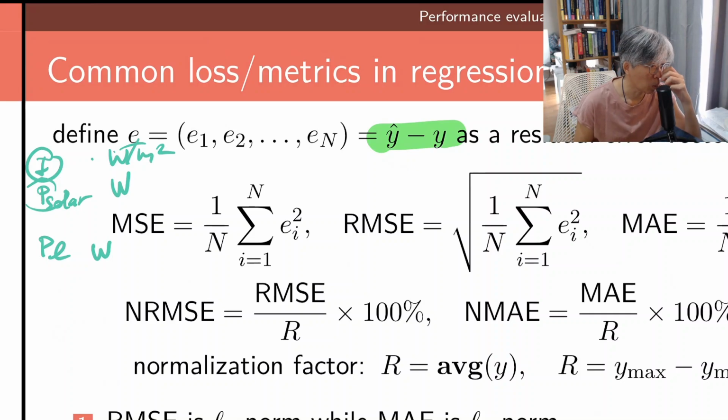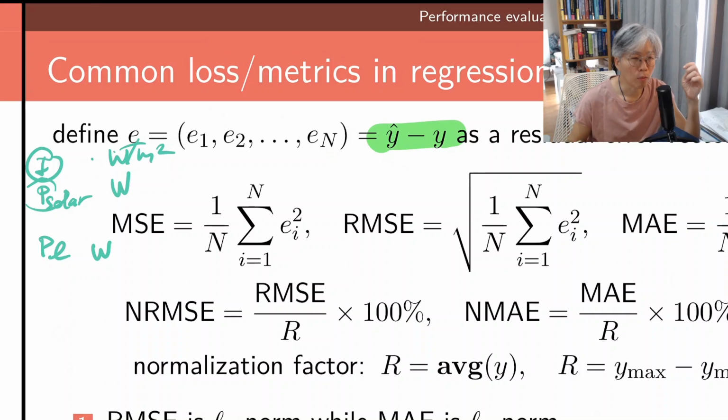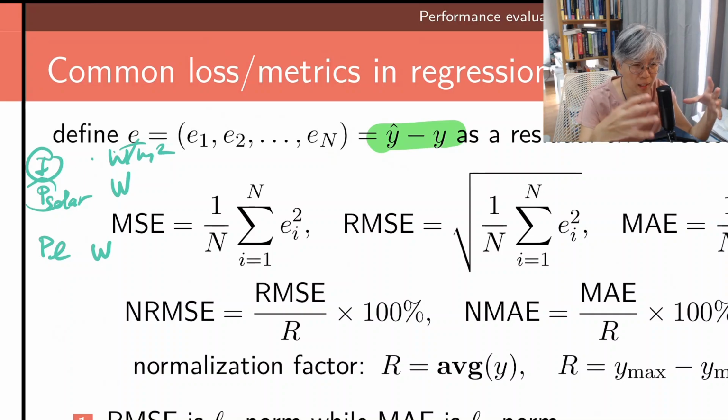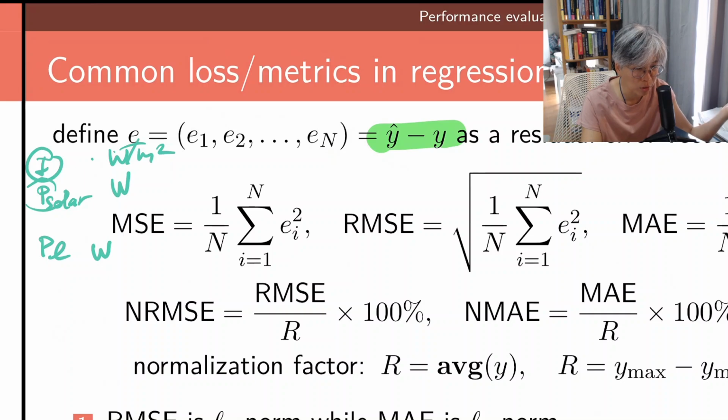So when the error has a unit like this, of course, if you perform experiments and evaluate among the models in your experiment setup, that is fine. You can compare which model performs best.